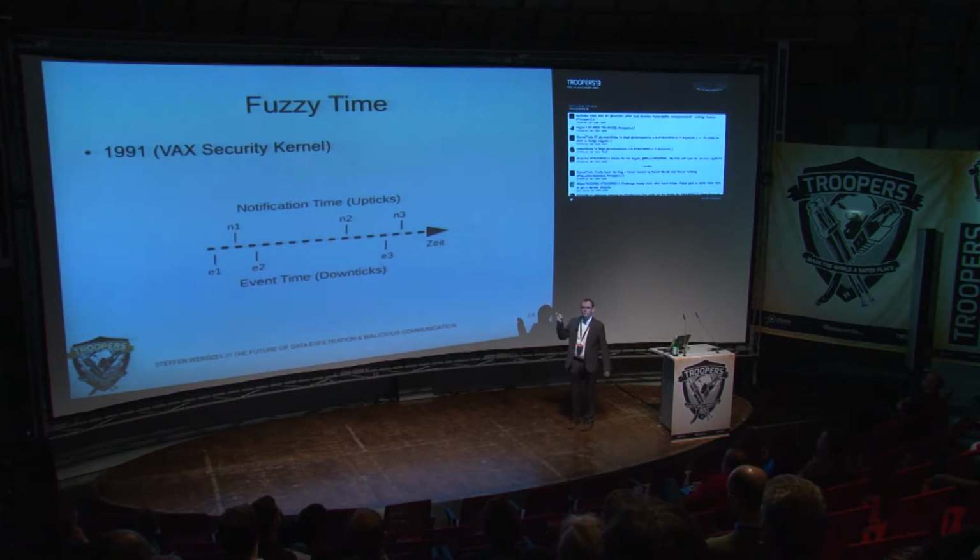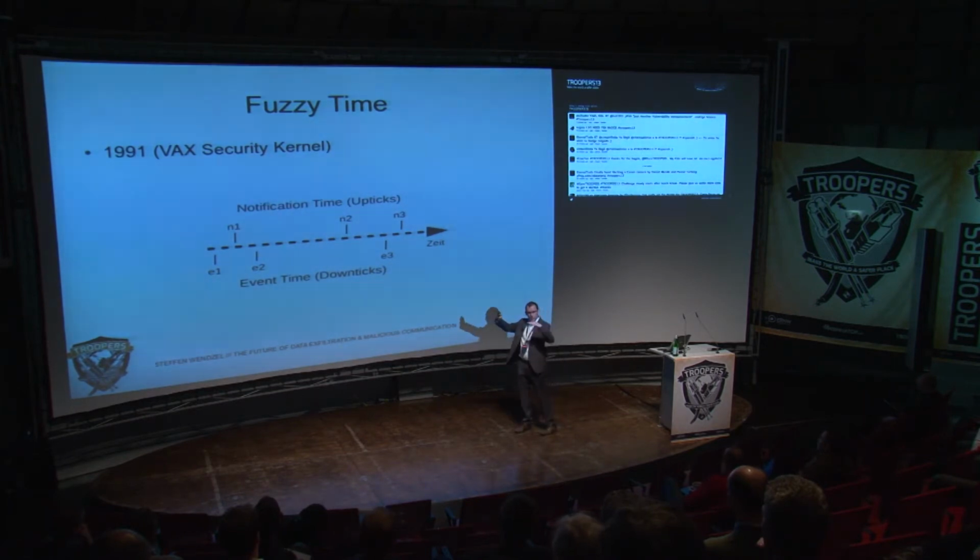Also very old, but we just recently applied it. I cannot talk about it because the papers are in review, but there's an approach by Hu, H-U, from 1991. I forgot the first name. They already had virtual machines in the VAX security kernel, and to limit the channel capacity of timing channels between the virtual machines, they introduced fuzzy timings.